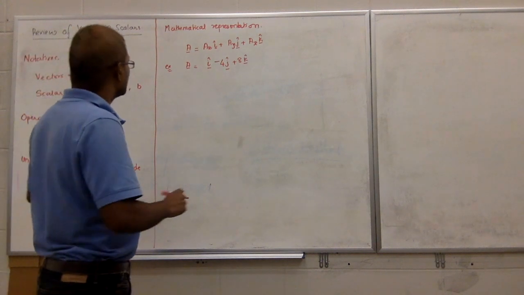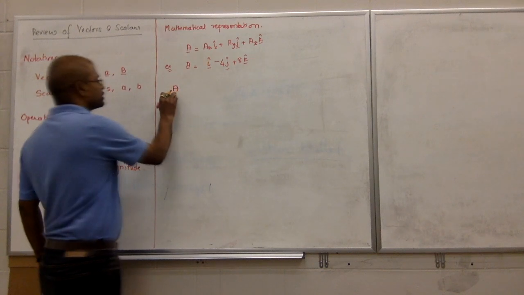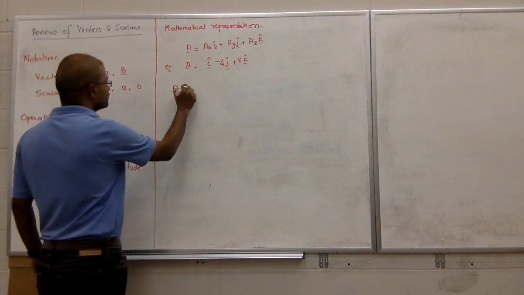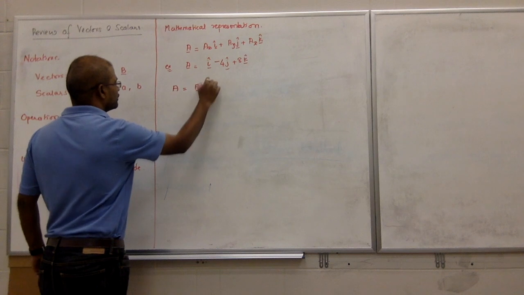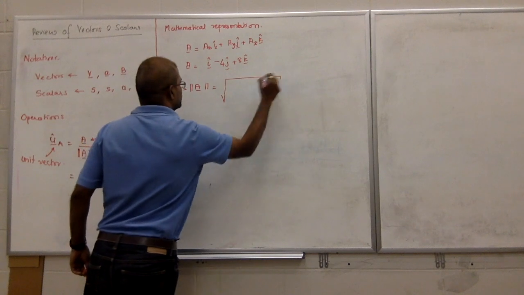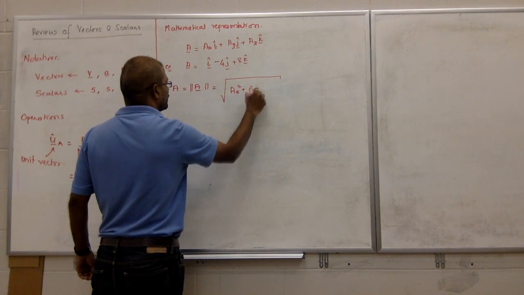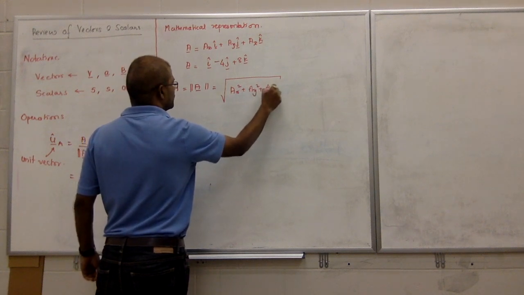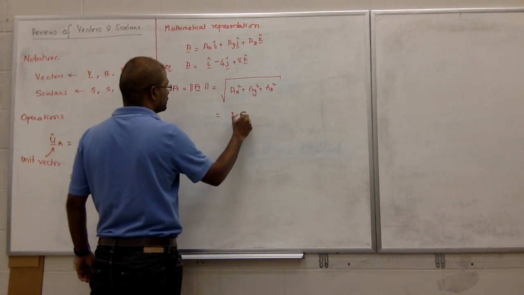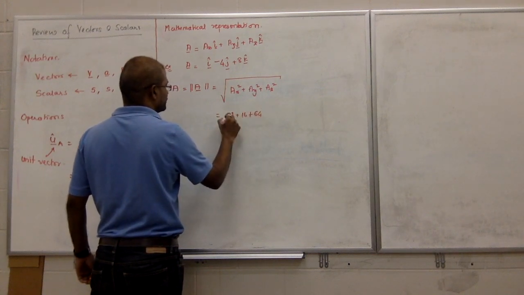Okay. So how do you calculate this? You have already learned this. This is the magnitude of A, right? It is simply equal to the square root of A_x squared plus A_y squared plus A_z squared. So this will be 1 plus 16 plus 64, right?